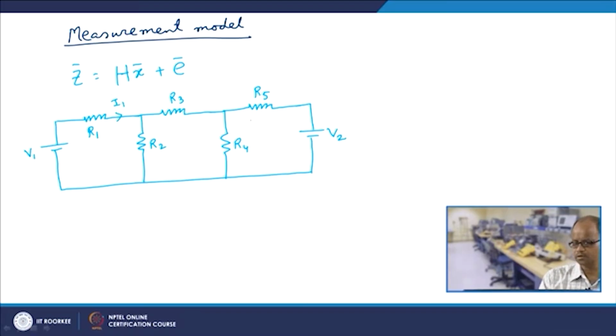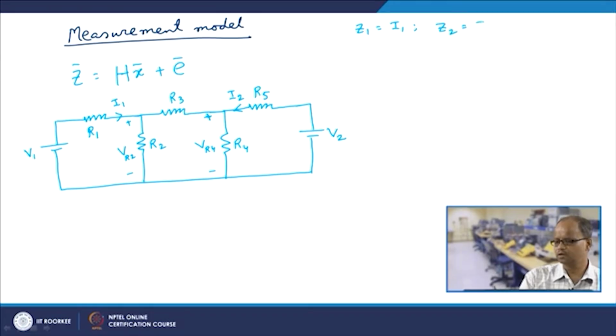So, this is my Z1. We are measuring I2, so this is my Z2, and we are measuring here V across R2, and we are also measuring here VR4, the voltage across R4.